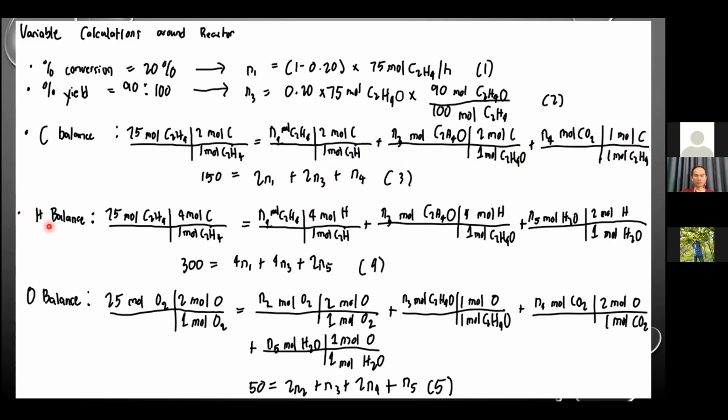And then next is the hydrogen balance in the reactor.